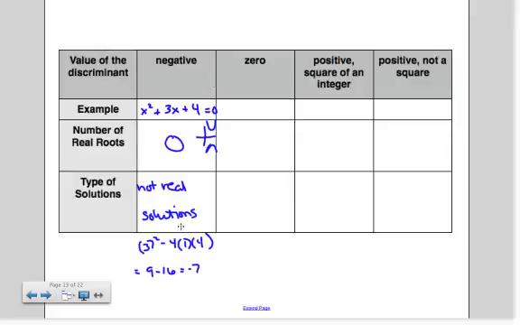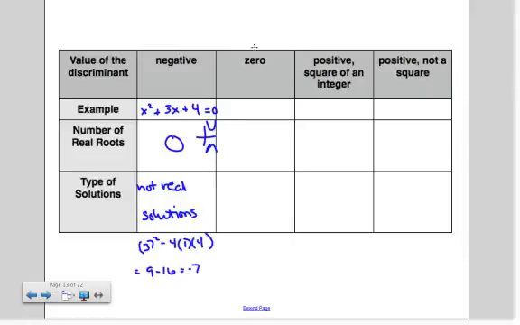When you go to Algebra 2, you'll learn how to find the imaginary solutions that exist. But for now, since we're only talking about real numbers, there are no real solutions here.